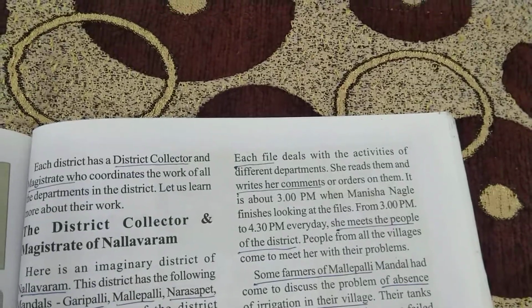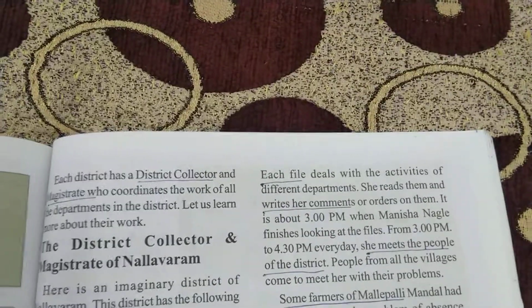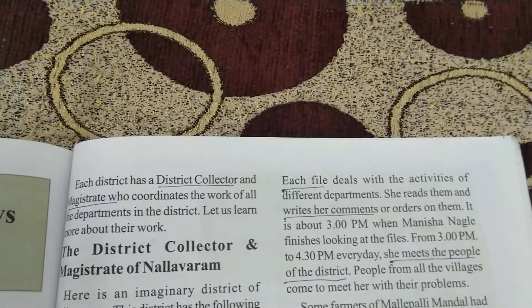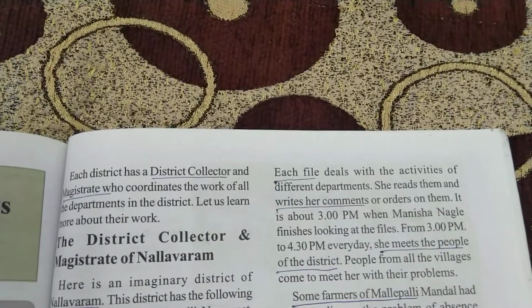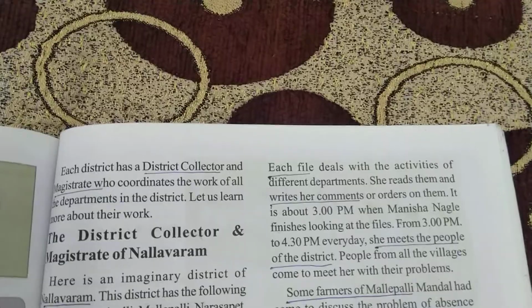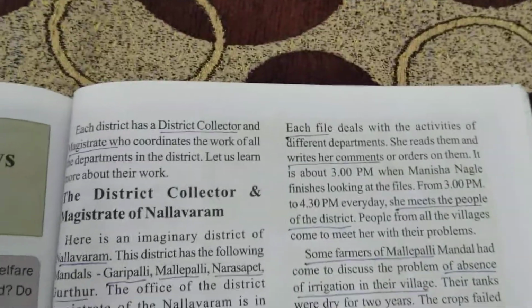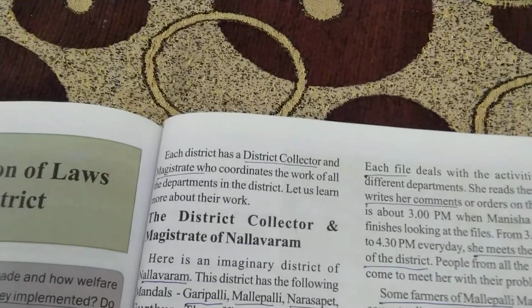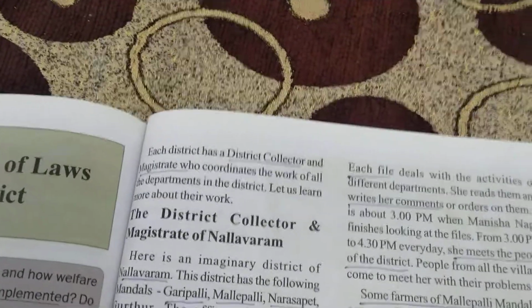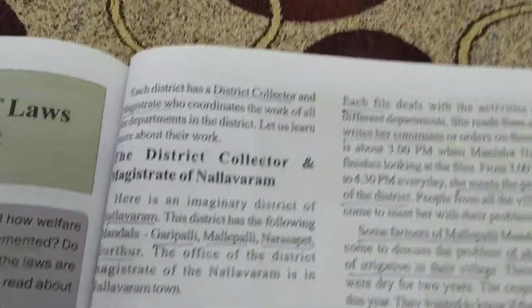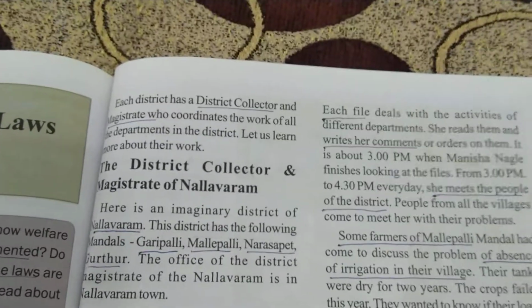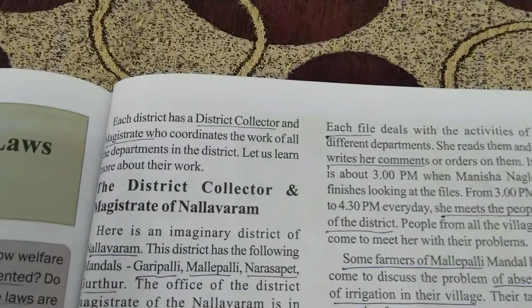For every district, one district collector will be appointed to do all this work and coordinate the work. What are the duties of the district collector and how does the collector use his powers and implement the laws at the district level? We'll discuss with one example.